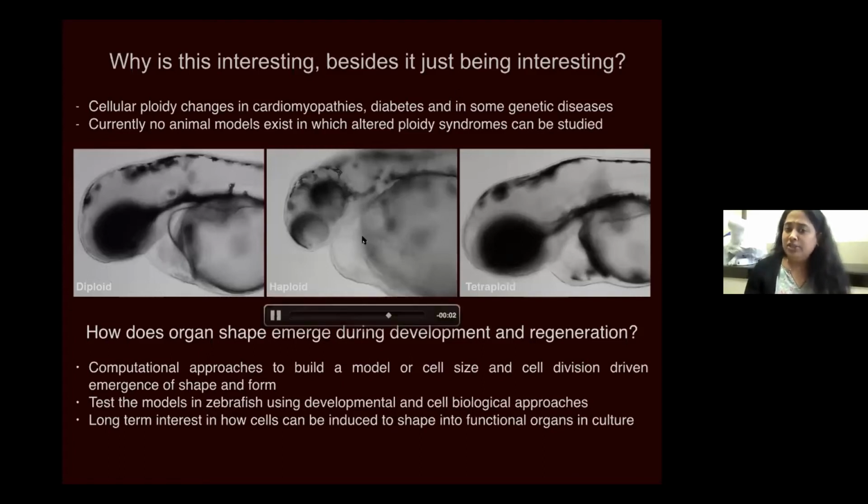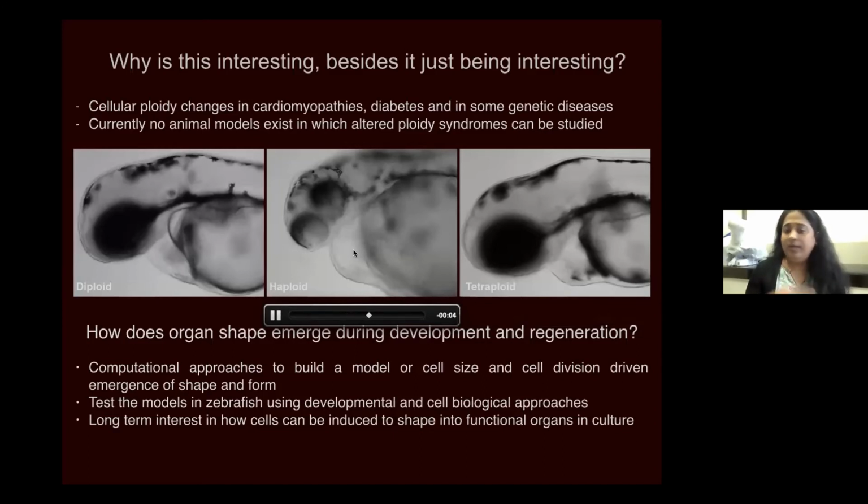In our conditions, what we find is when organs are made of too small cells or too large cells, what we're essentially changing is the function of this organ. In a rudimentary way, we are looking into this right now. That's work that's led off from the first part that I discussed. The heart in a haploid embryo or a heart in a tetraploid embryo inherently functions differently. So there is cardiac arrhythmia in these fish. We are pursuing this with transgenic lines and markers, which will allow us to study this phenomenon in greater detail.